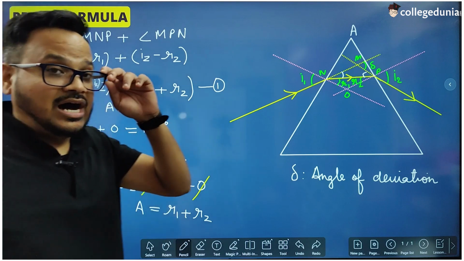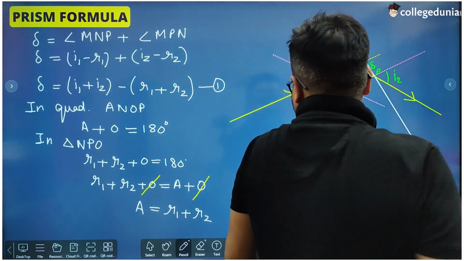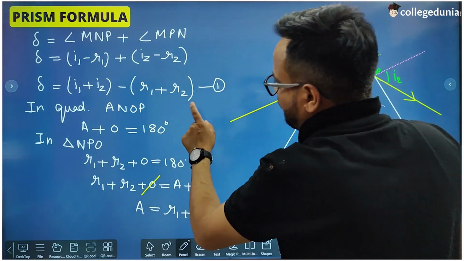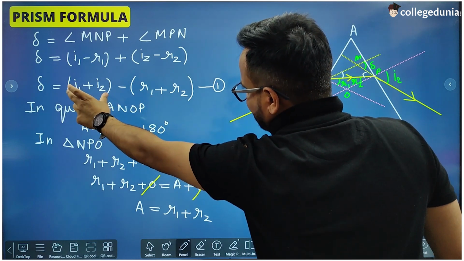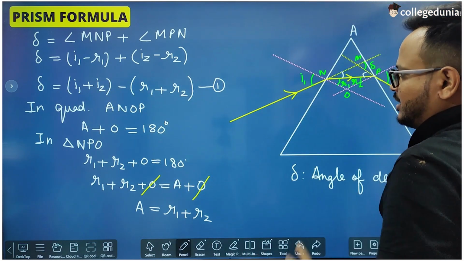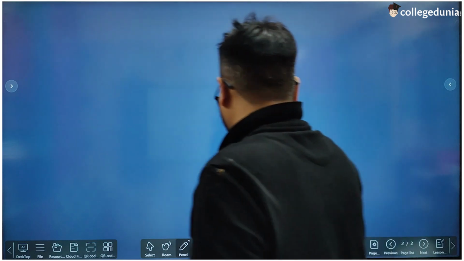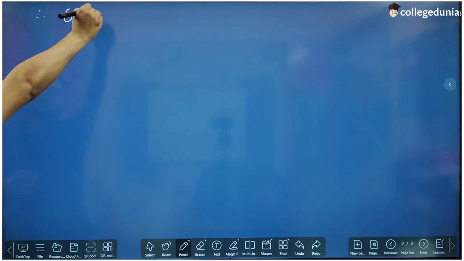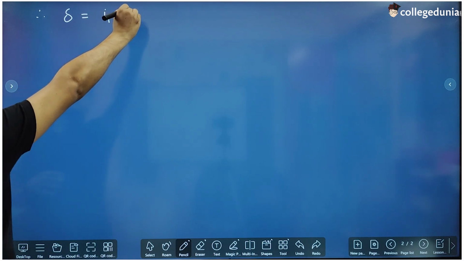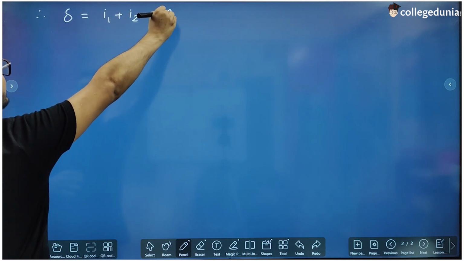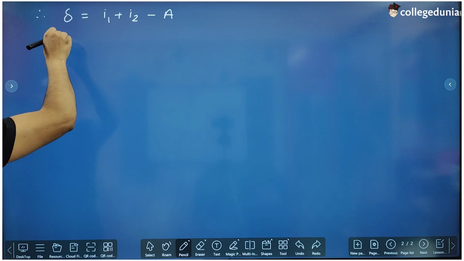Right? Okay. Now if we put this value in 1, we get delta equal to I1 plus I2 minus A.